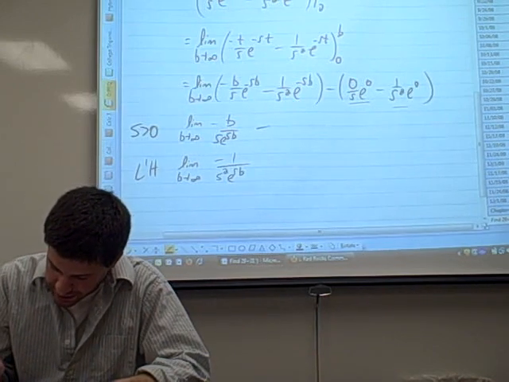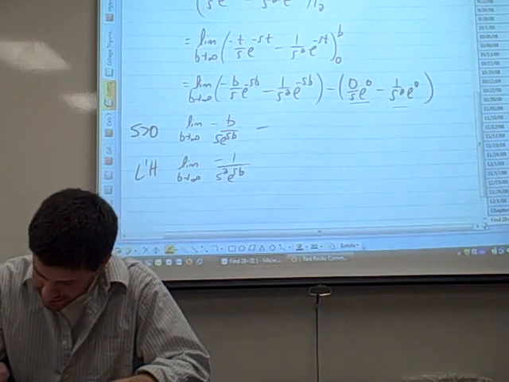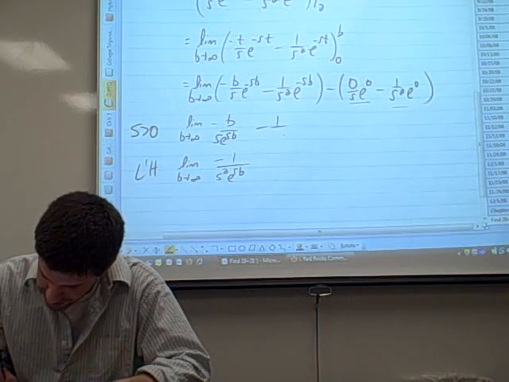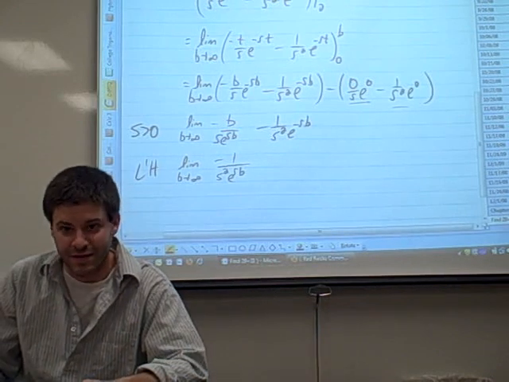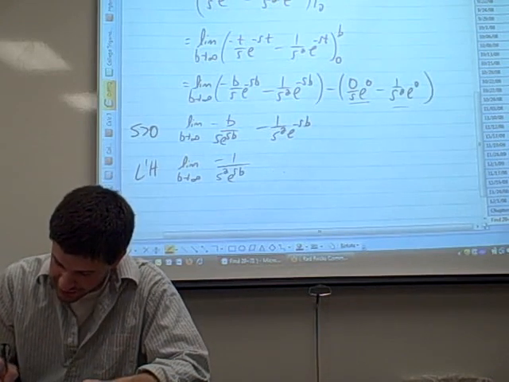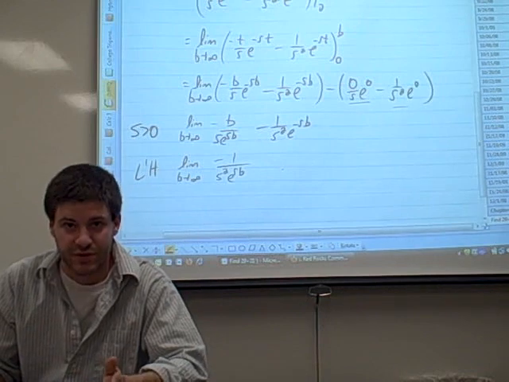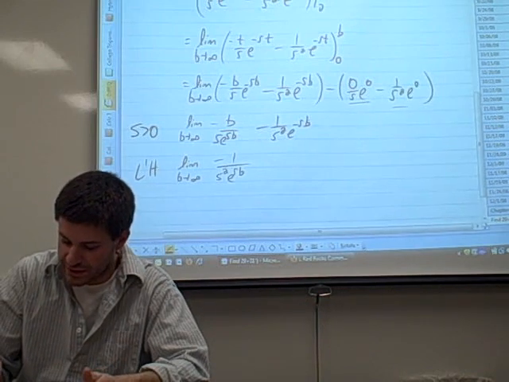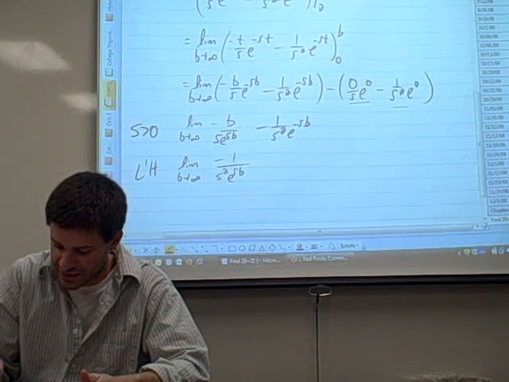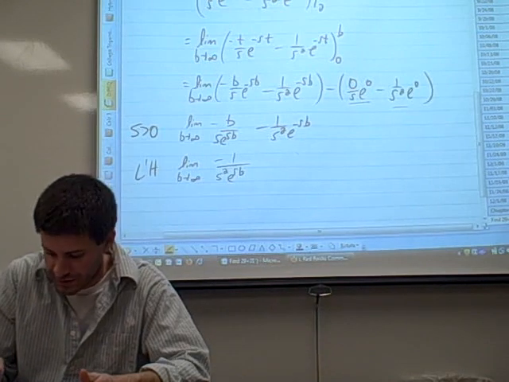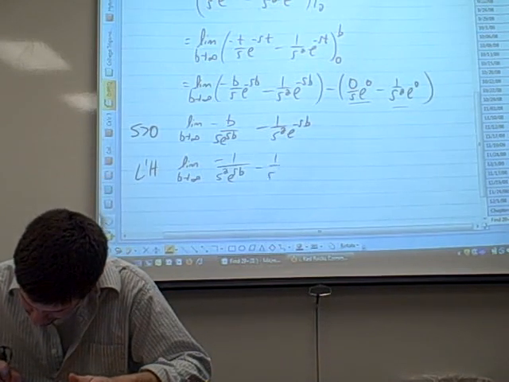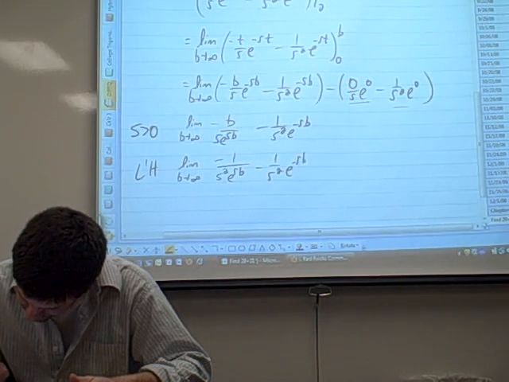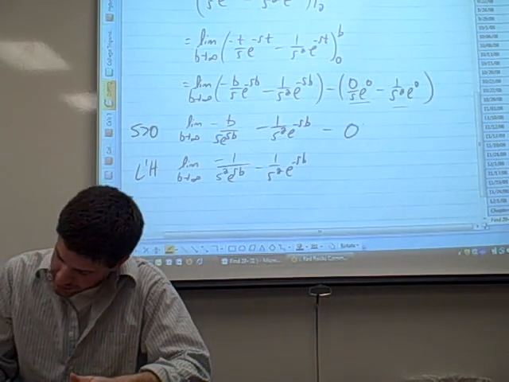This limit on the right hand side here is a little bit more obvious. I think it's a little bit more clear that that limit is just 0 because there is no numerator. You plug in b as b goes to infinity, and we get 1 over infinity, which just goes to 0. But I'll write it in anyway.